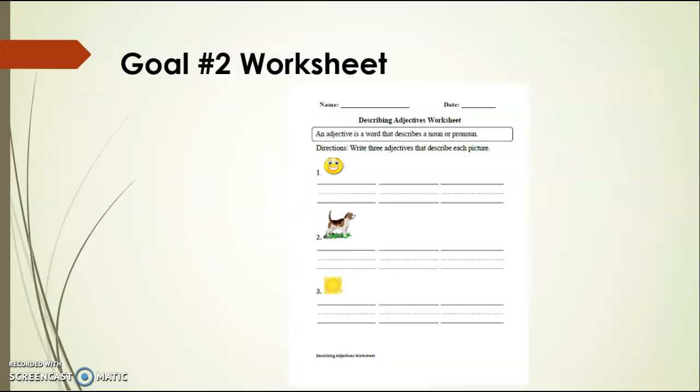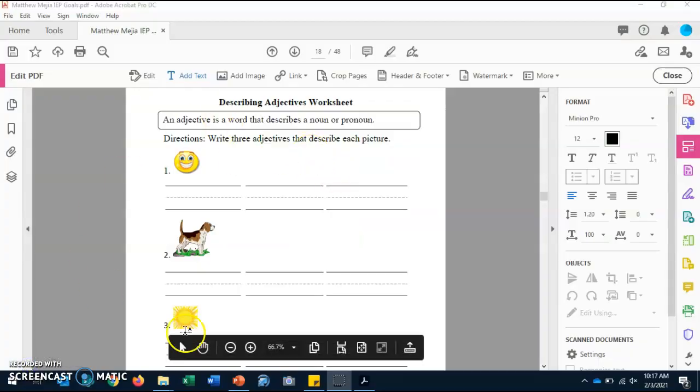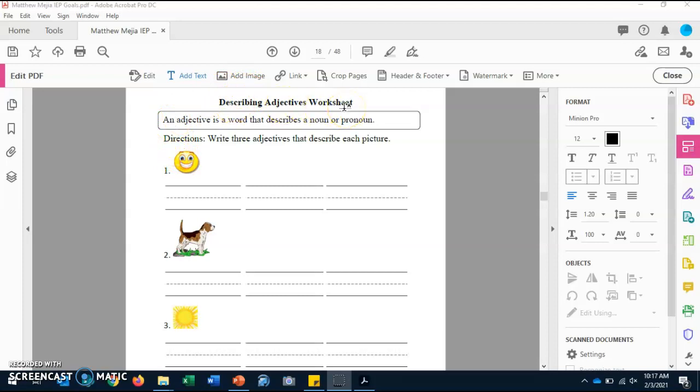So for our next assignment, it is called the Describing Adjectives worksheet. If you can please take out this worksheet so we can work on it together. At the bottom it says an adjective is a word that describes a noun or a pronoun. Directions: write 3 adjectives that describe each picture.